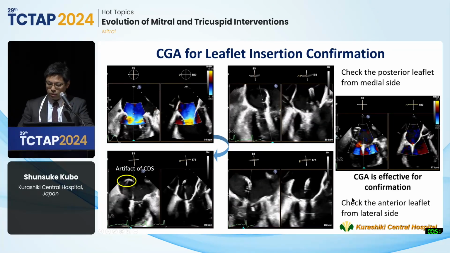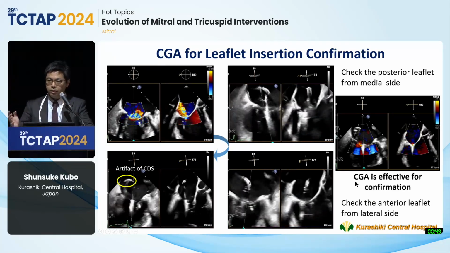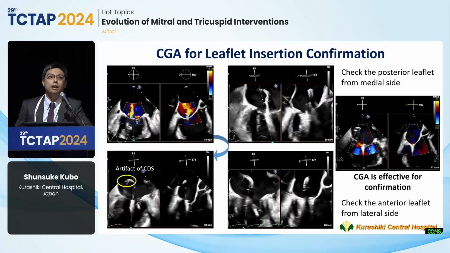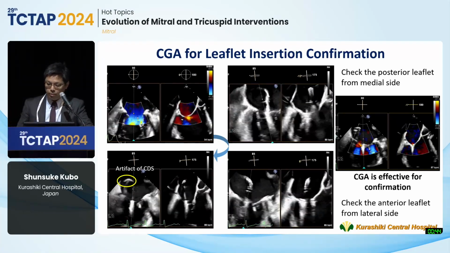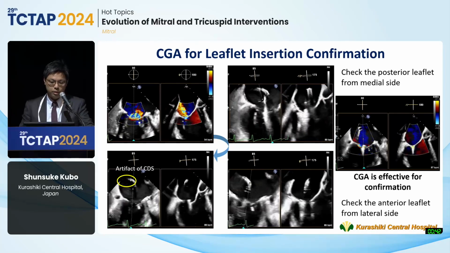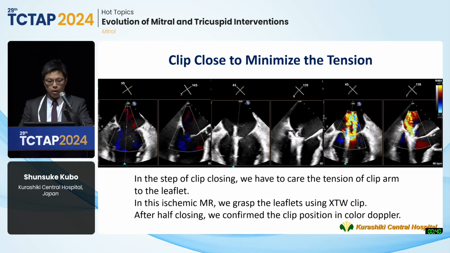If both leaflets cannot be visible at the same time, CZA is effective for the leaflet insertion confirmation. Also, we should close the clip slowly to minimize the tension.